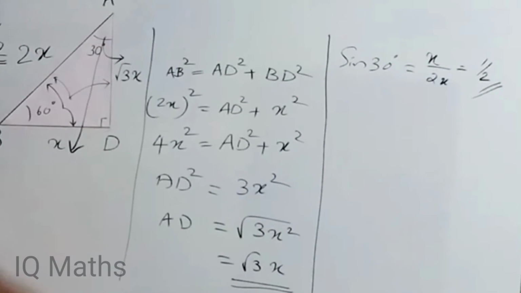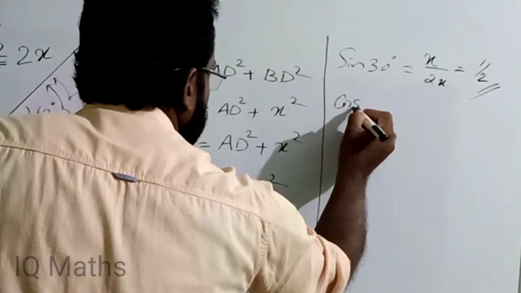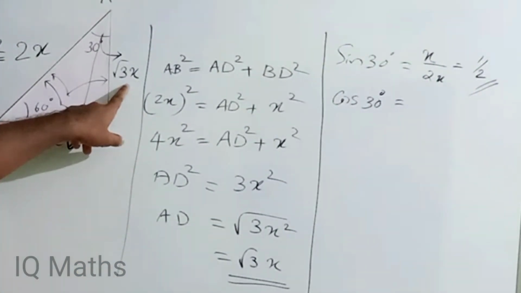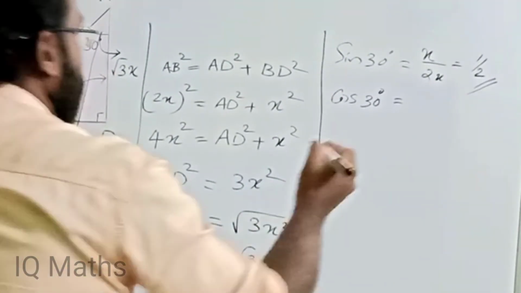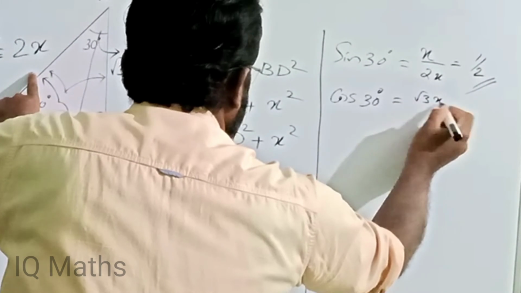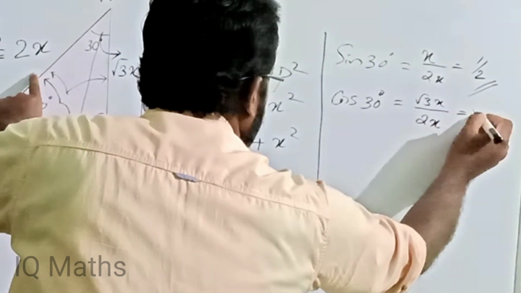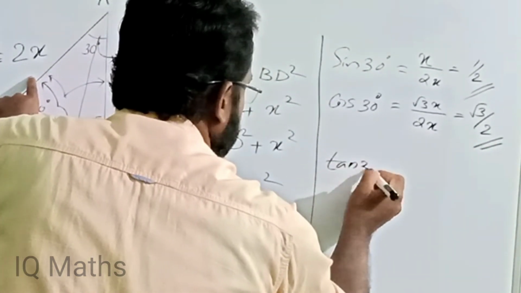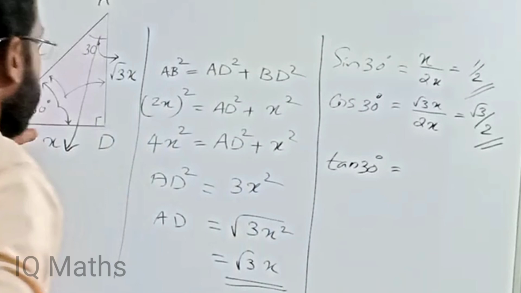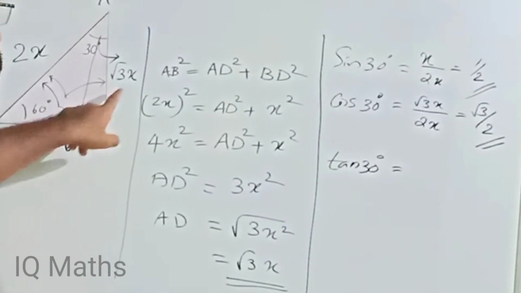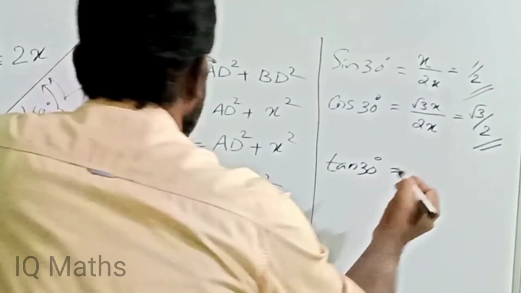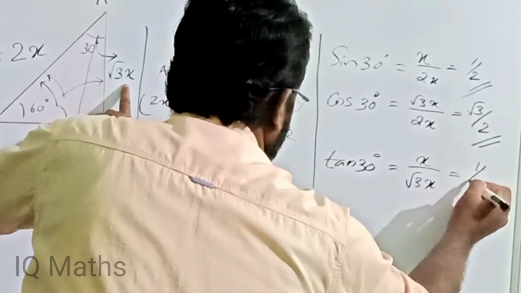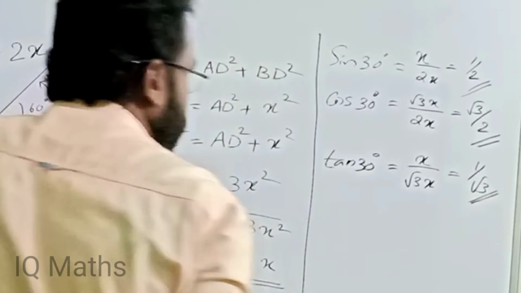Cos 30 degrees, adjacent side by hypotenuse. Adjacent side is root 3 x by 2x, that will be root 3 by 2. Next will be tan 30. Tan 30 will be opposite side by adjacent side. Opposite side is x and adjacent side is root 3 x. Value will be 1 by root 3.